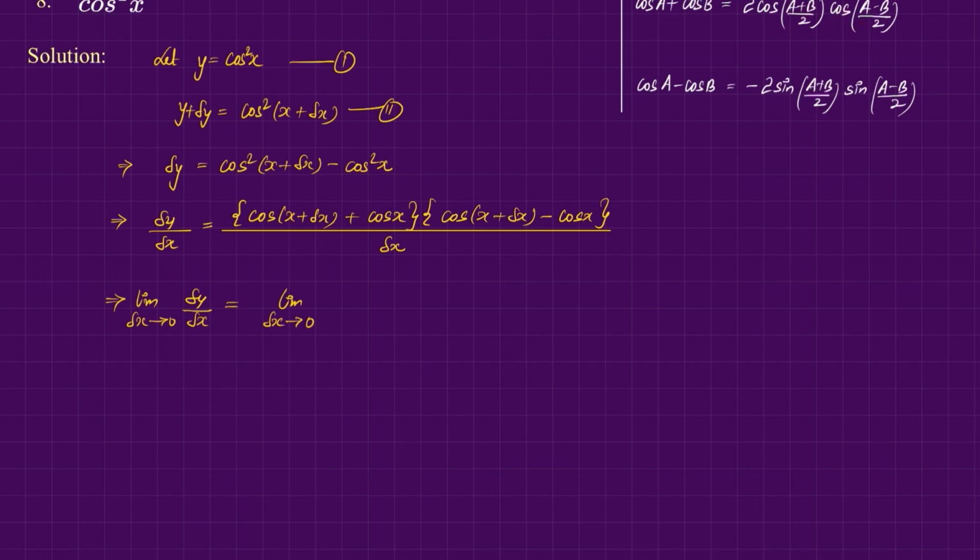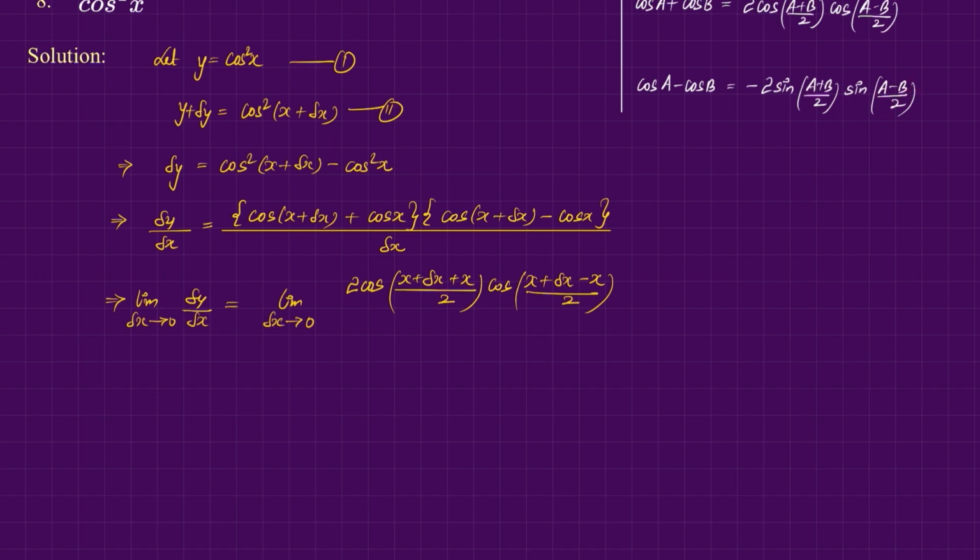So we will use that formula, so we will get 2 cos of a plus b by 2 times cos of a minus b by 2. This part here is cos of a minus cos of b, so we will use this particular formula here. So it is minus 2 sine a plus b by 2 sine a minus b by 2.